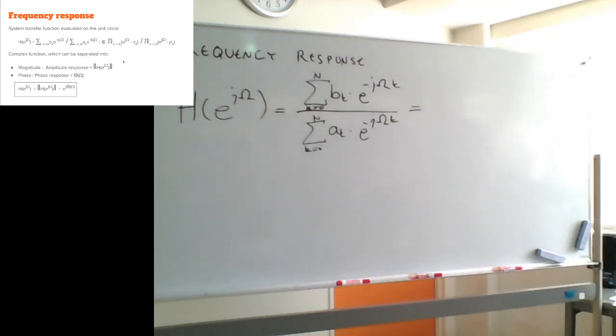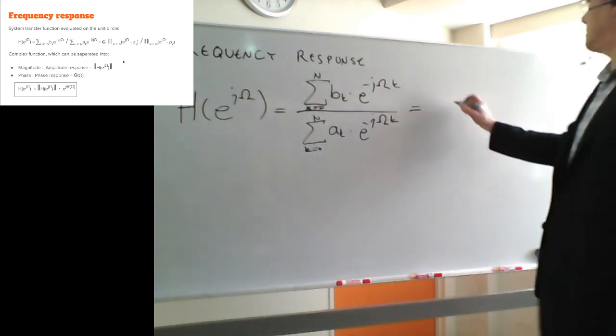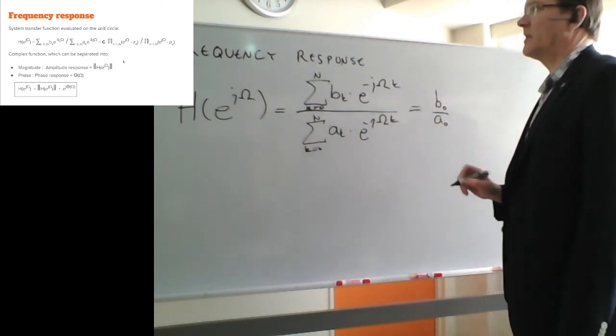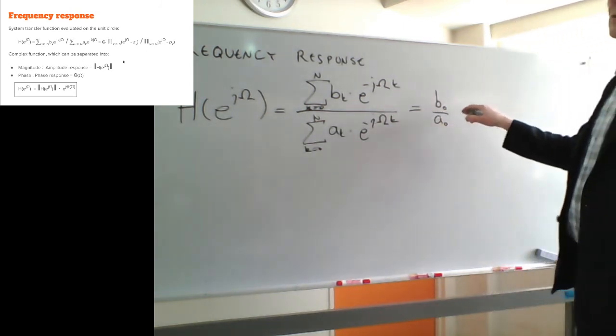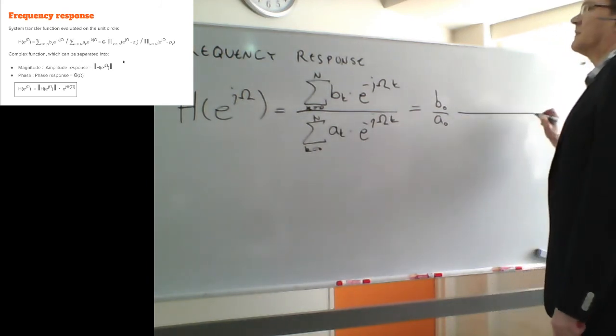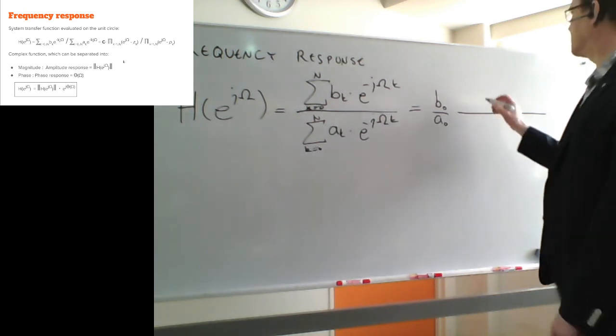So what comes out is the product form of the same thing. B0 over A0 is the total gain of the system, as we decided last time.